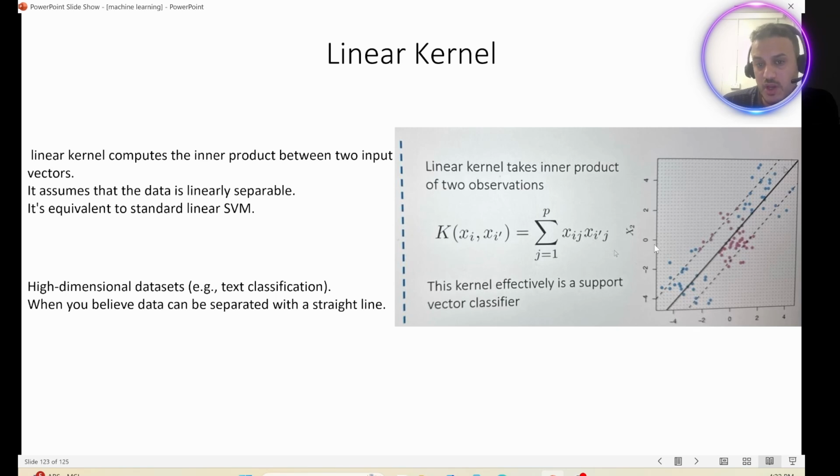For the linear kernel, we assume that the data is linearly separable, and it is equivalent to the support vector classifier actually. This one is used under this condition: we have a high dimensional data set, for example text classification. When you believe the data can be separated with a straight line, you can use it.